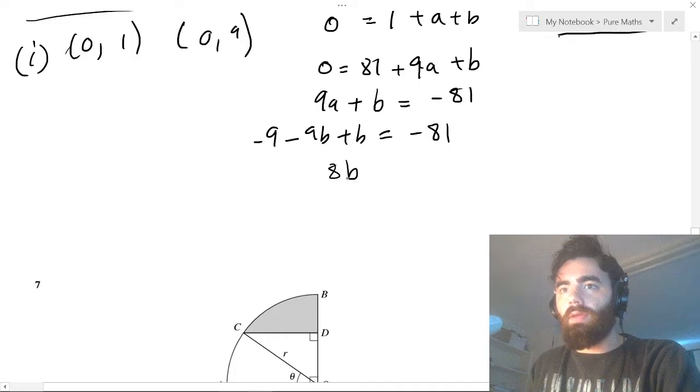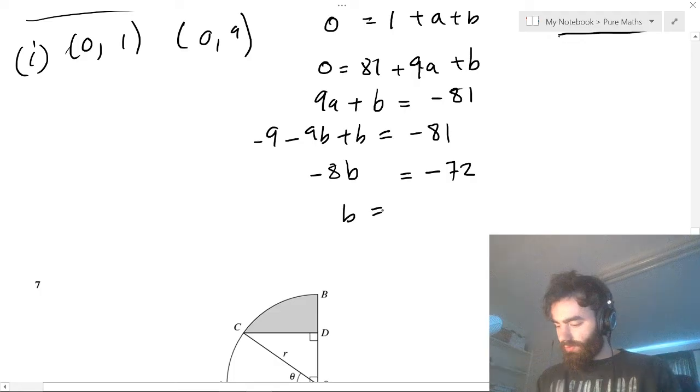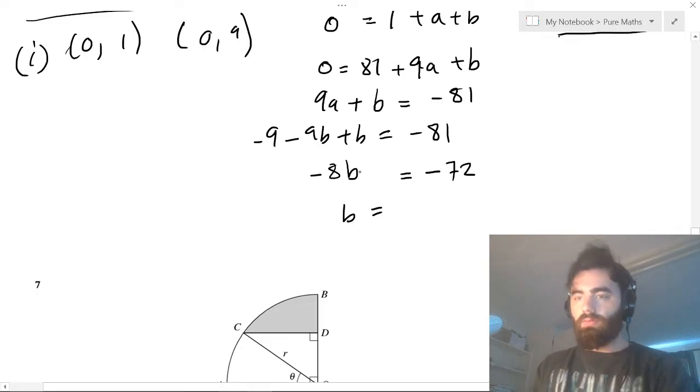So you get 8b minus 8b equals minus 72. So b equals 72 minus 72 divided by minus 8, which is 9.